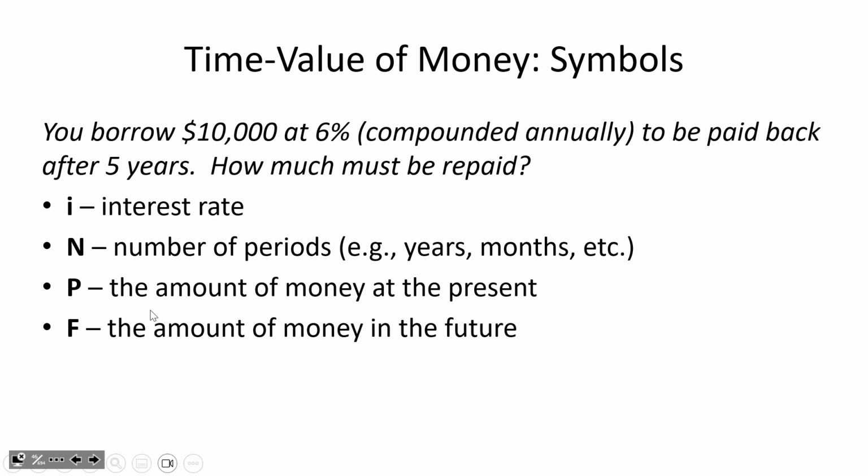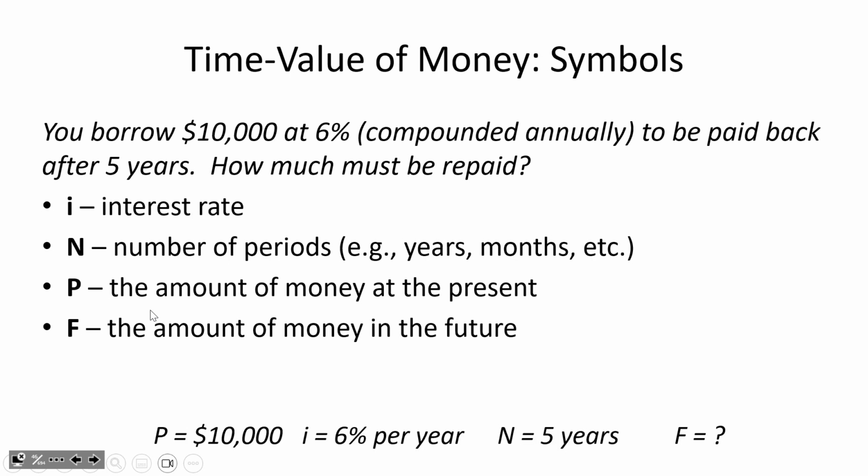So cash flow diagrams are very useful. This is how we would summarize the problem if we just kind of translated the word problem into variables and their values. So we'd need to find an equation that solves for F given P, i, and N. And I think you've already seen an equation that did that.